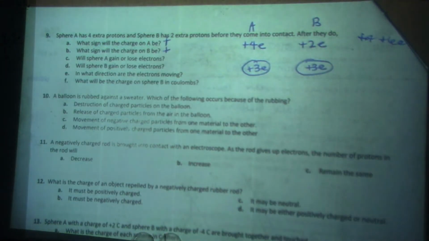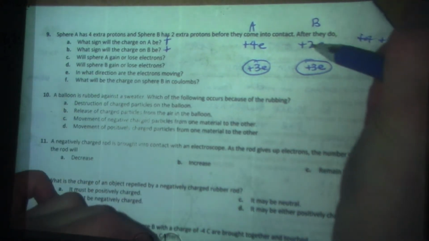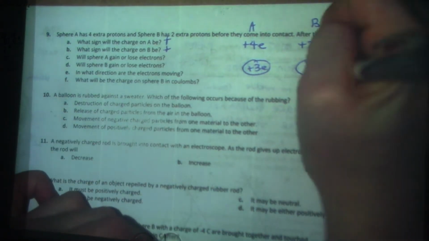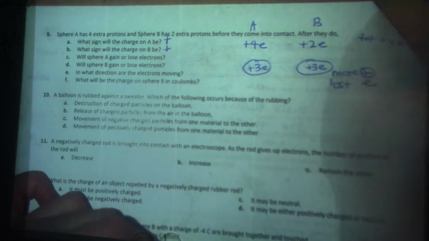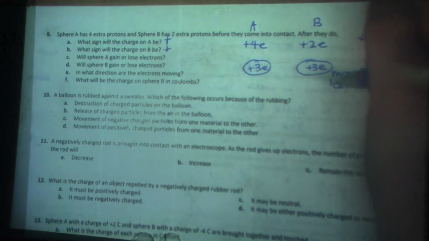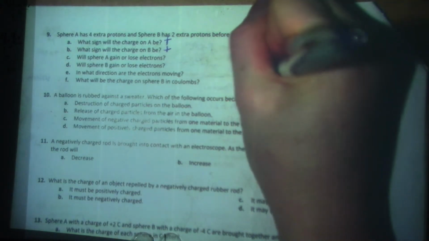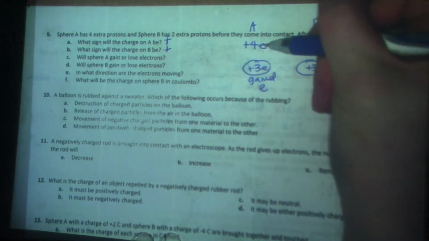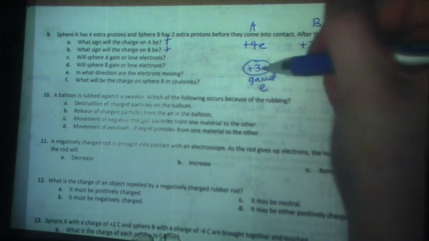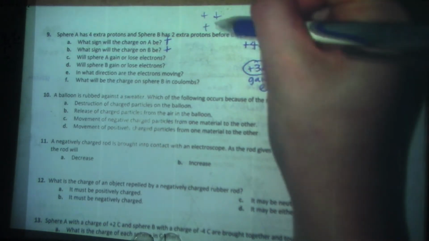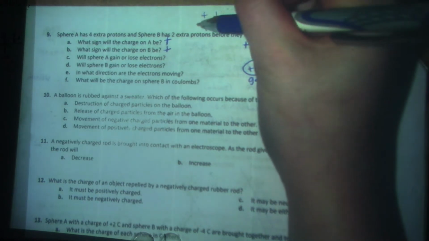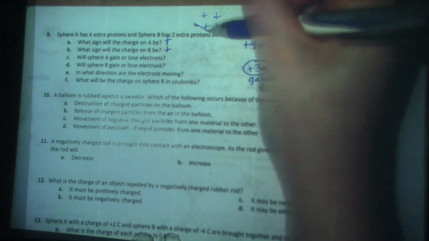I just need to look at which one got more positive. If you look, this one was +2, now it's +3, so this one got more positive, which means that it lost electrons. That means this one must have gained. That should make sense because yes, it is still positive, but it's less positive than before, because before I had 4 extra protons, and now I only have 3, which means it got an extra electron that would cancel that out.